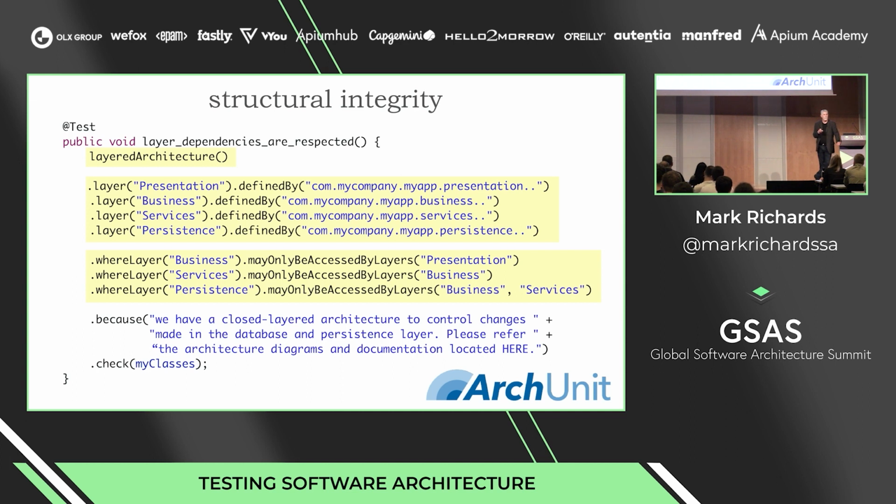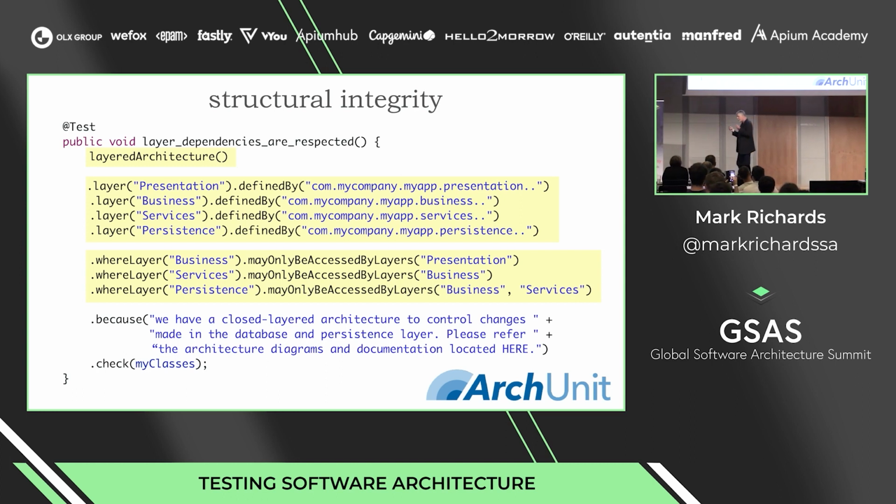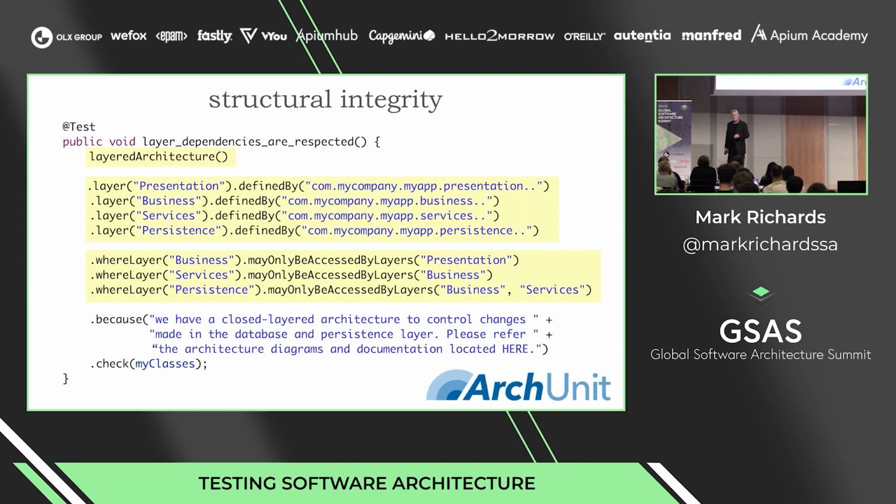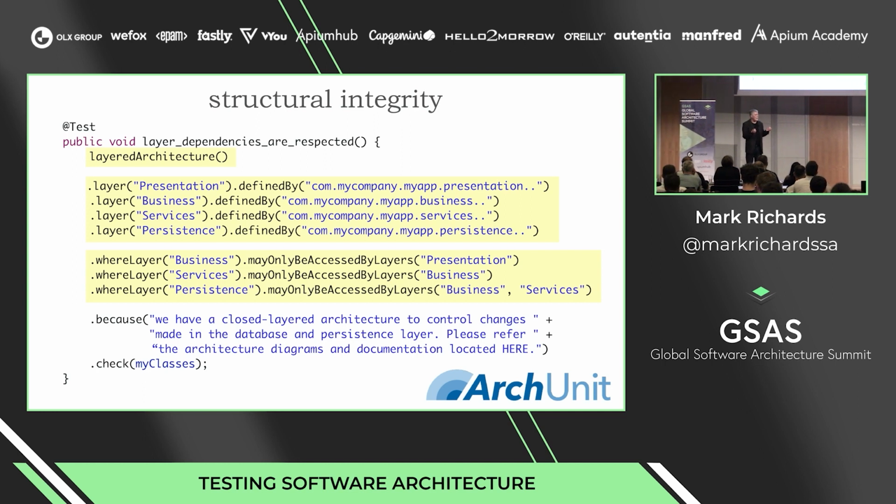Now, what this test is doing, and this is amazing, folks, this test is describing the structure of my system. Now, I use this for domains, I use it for components, I use it for plugins, all three of those kinds of architecture styles. But here, .layer could see .domain, but I use .layer and define it as one of my domains in the architecture, defines all of my various layers.